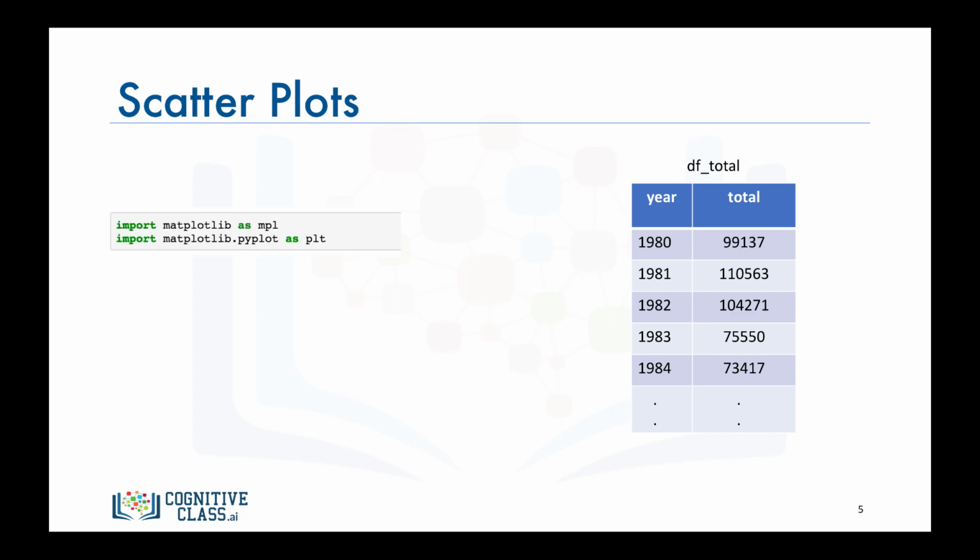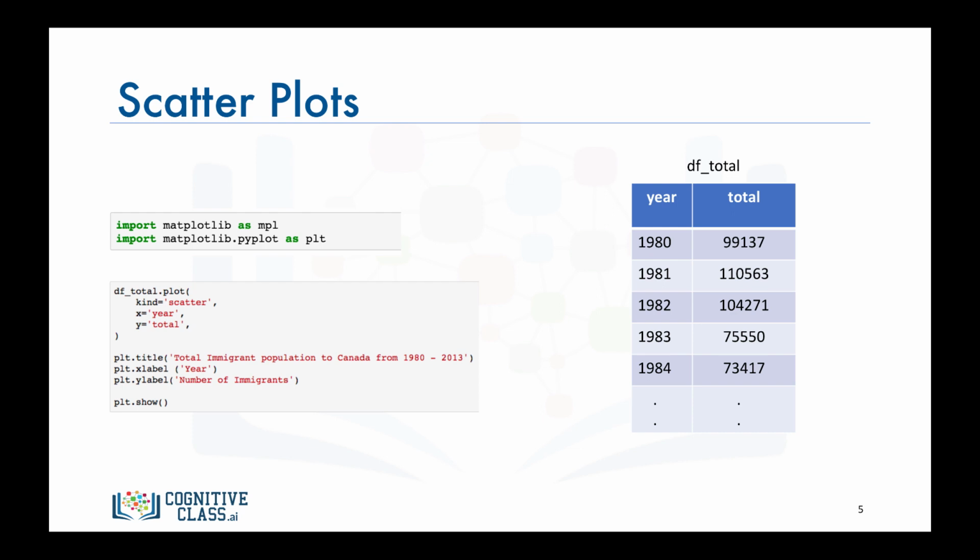We import matplotlib as mpl and its scripting layer, the pyplot interface, as plt. Then we call the plot function on the data frame df_total, and we set kind equals scatter to generate a scatter plot.